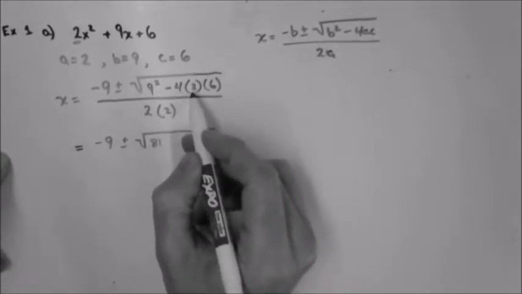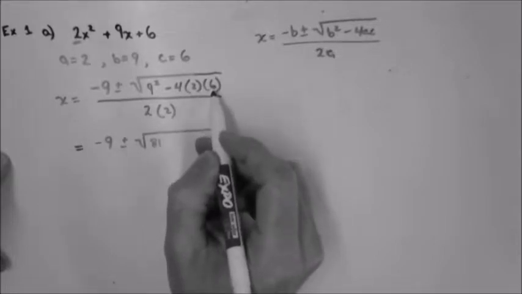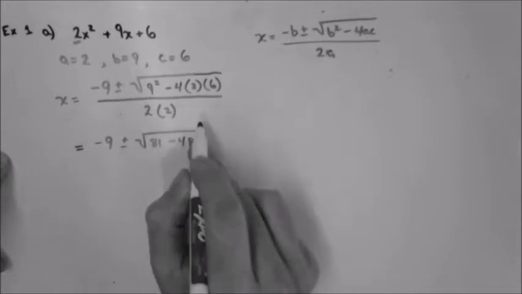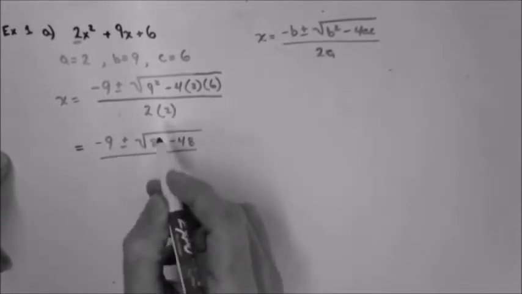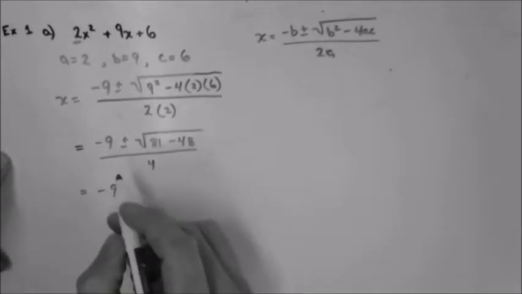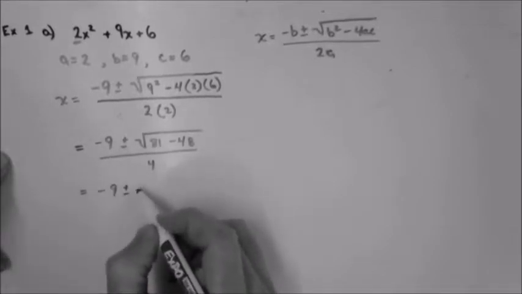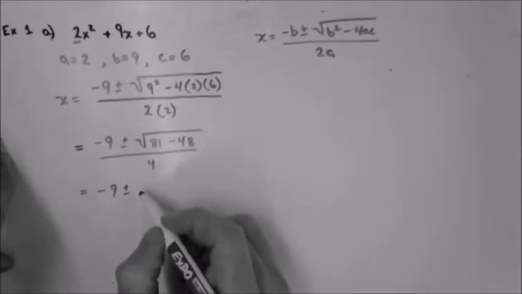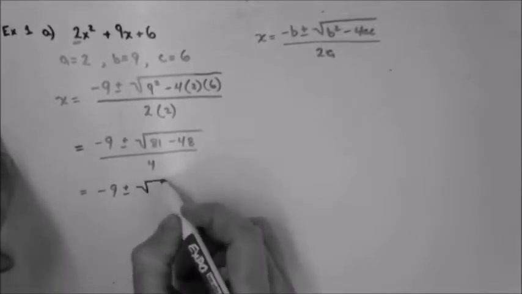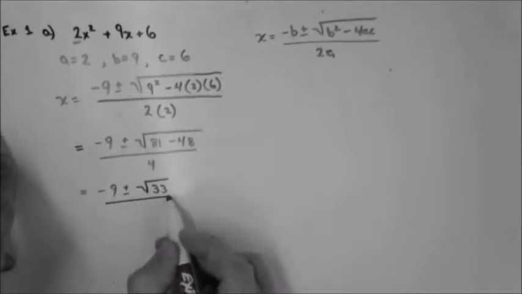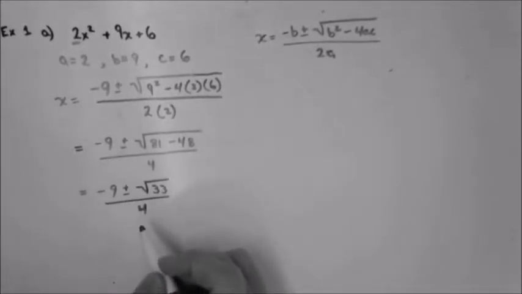Negative 4 times 2 is negative 8 times 6 is negative 48. 2 times 2 is 4. So we've got negative 9 plus or minus the square root of 33, that's 81 minus 48, all over 4.